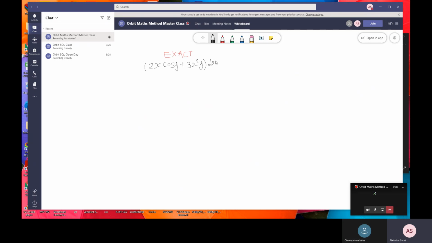Okay, bracket open, x cubed plus x squared sin y, minus y. After x squared sin y is minus y.